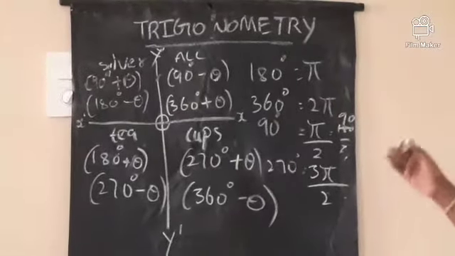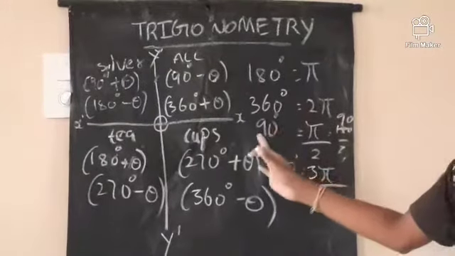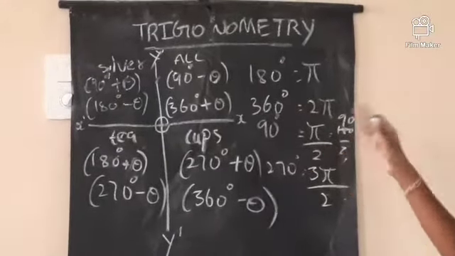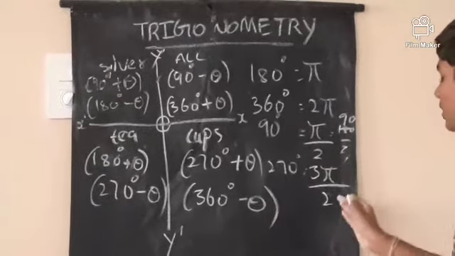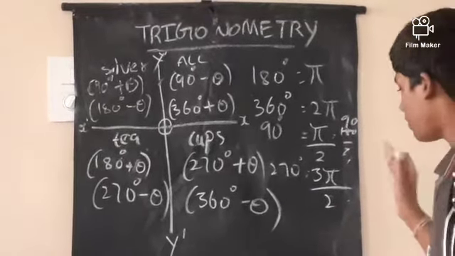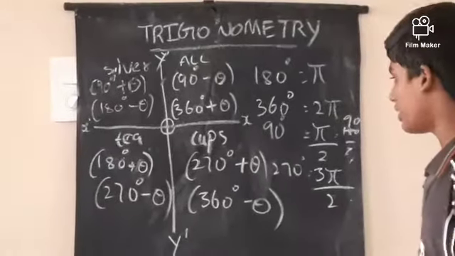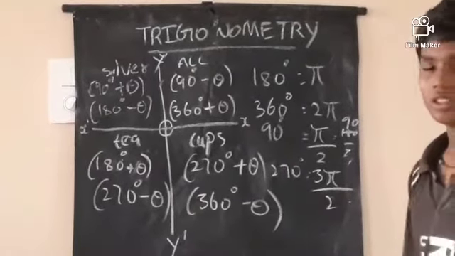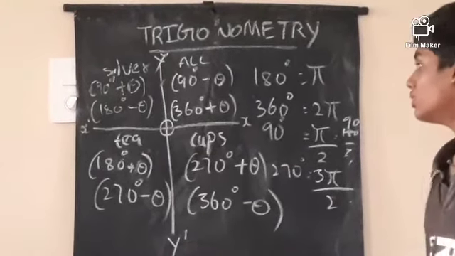Like that we can derive it. 180 degrees means pi. 360 degrees means 2 pi. 90 degrees means pi by 2. And 270 degrees equals 3 pi by 2. Like that you will write this according to trigonometry.